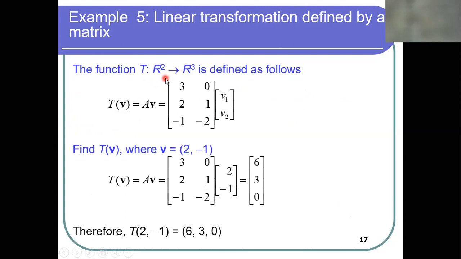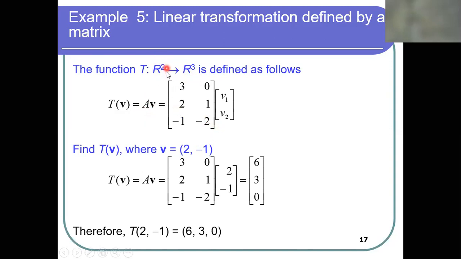So dear student, linear transformations are defined by matrices. If T is any transformation from R2 to R3, then I can say T of V is equal to AV, where the order of the matrix is 3 cross 2. The order can be seen as the reverse of the domain-to-range tuple: the range has three tuples and the domain has two, so the order of the matrix will be 3 cross 2, that is 3 rows and 2 columns.